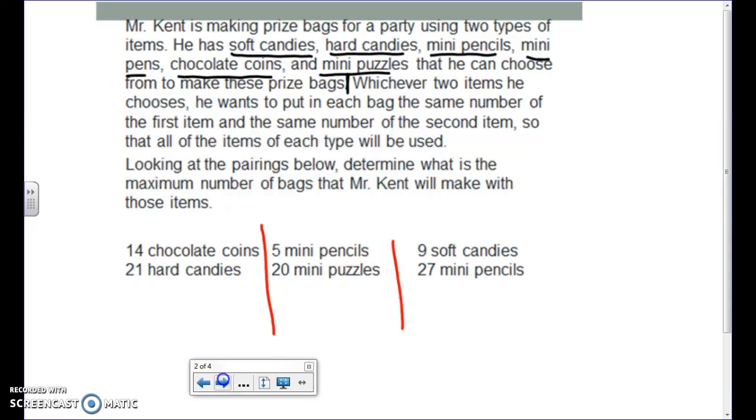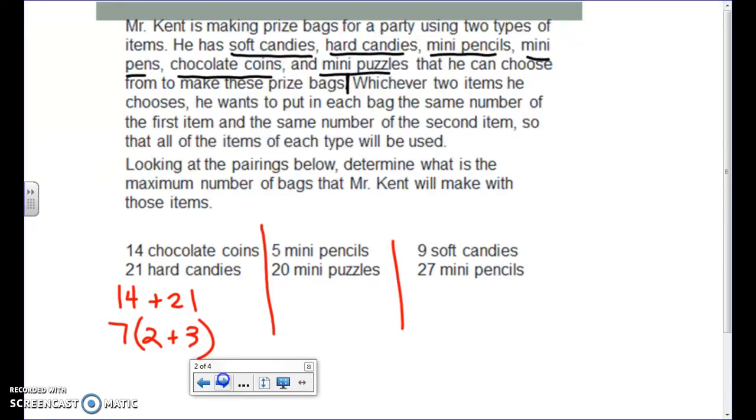So if his prizes were 14 chocolate coins and 21 hard candies, and he has to have the same amount of chocolate coins in each prize bag and the same amount of hard candies in each prize bag, but he also has to use all of them up, we know that we have 14 and we have 21, right? But we know that 14 and 21 have a greatest common factor of 7. So he can make 7 prize bags with 2 chocolate coins and 3 hard candies in each one.